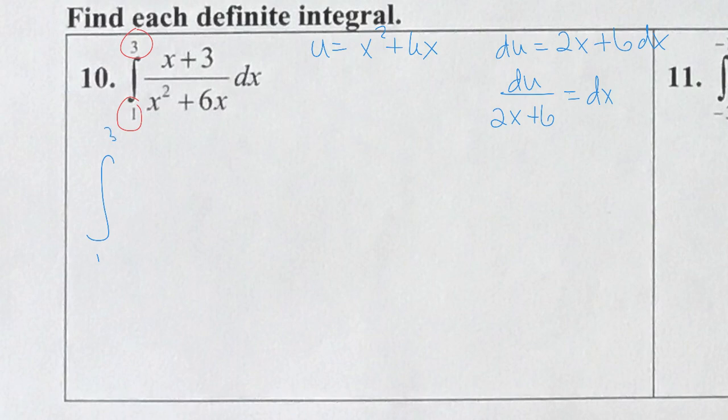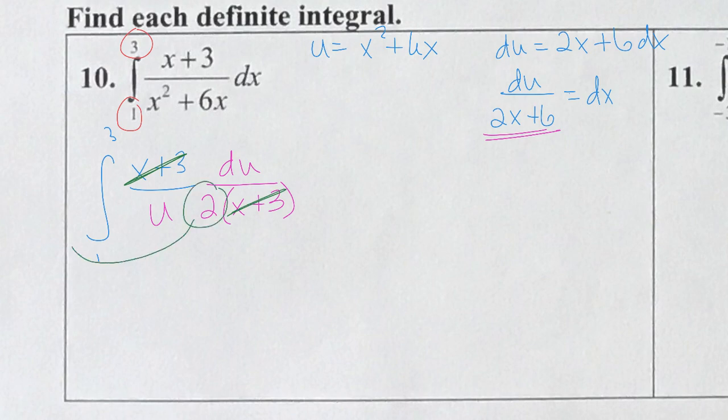So the integral from 1 to 3 of x plus 3 over u times du over, now I'm going to do something strange, and that is factor my 2x plus 6 into 2 times x plus 3. Of course, I think you can see why I want to do that: to cancel out the x plus 3's.